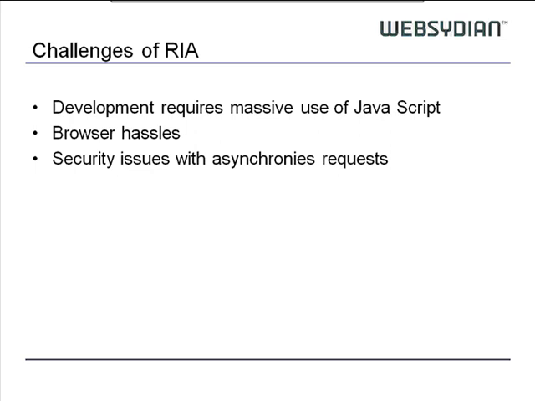And then there are some security issues with the asynchronous request. You might have read in the news, in the technical newsletters, that doing Ajax-based or Web 2.0 applications, you will have to deal with security issues. But I think that we got that covered really well.